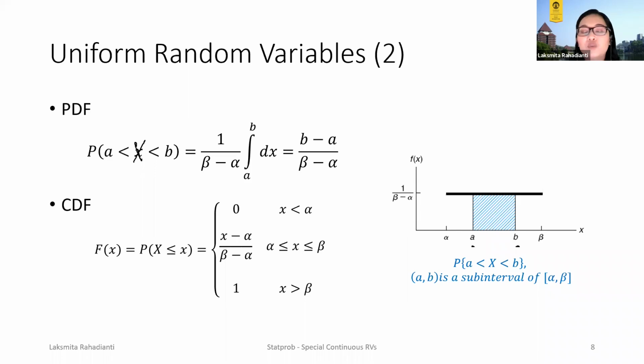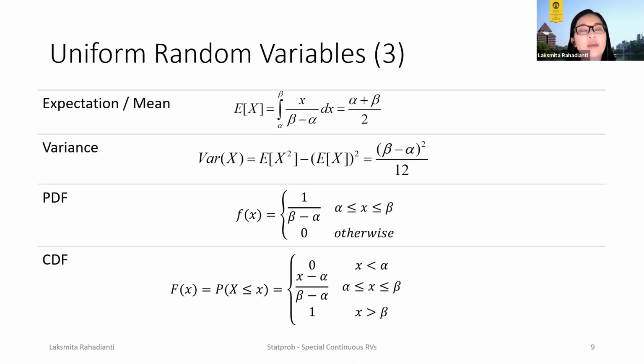Between the limits, it will be X minus alpha over the interval length. And above that, it will obviously be 1. I have already recapped all of the important properties of a uniform random variable on this slide, which you can use as a reference.